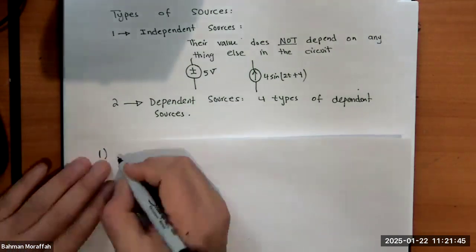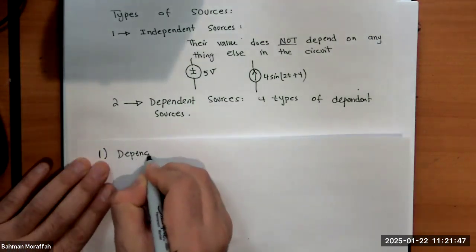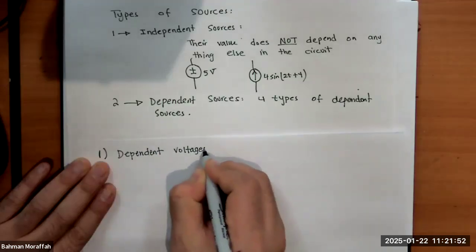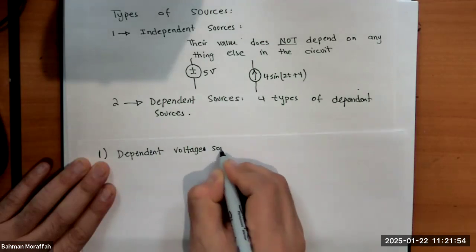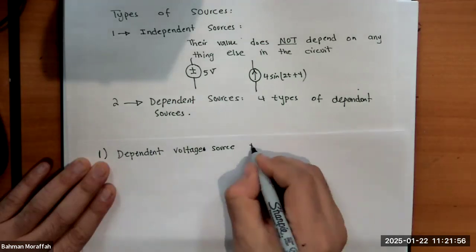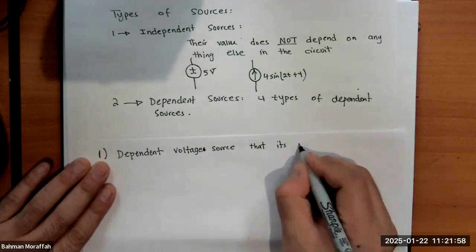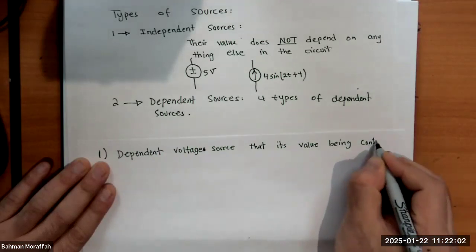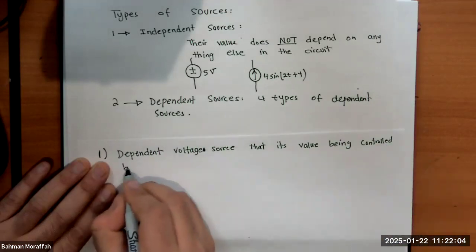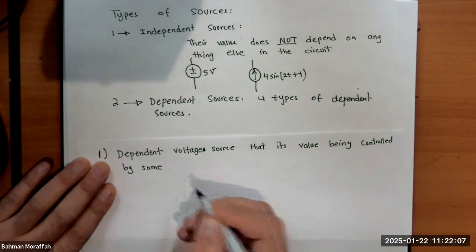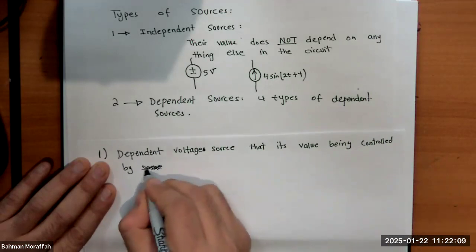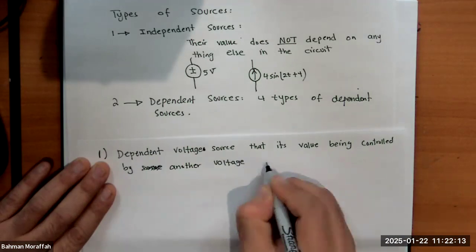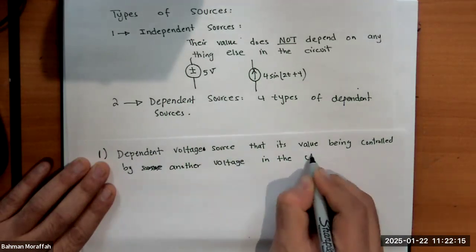So we have a dependent voltage source whose value is being controlled by another voltage in the circuit.